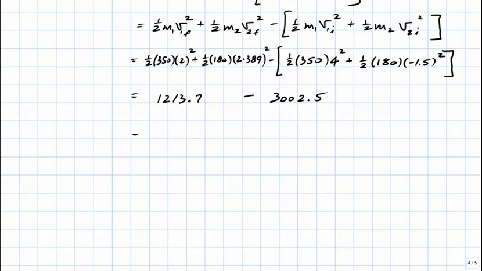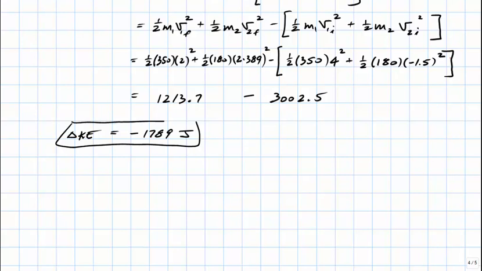And if we subtract those two results, the change in kinetic energy equals negative 1,789 joules. So as a result of the collision, the system lost this much kinetic energy.